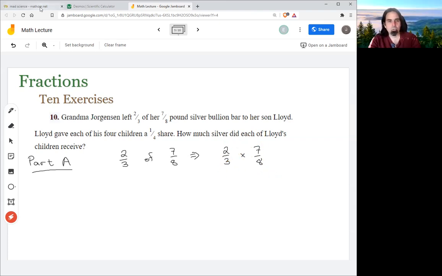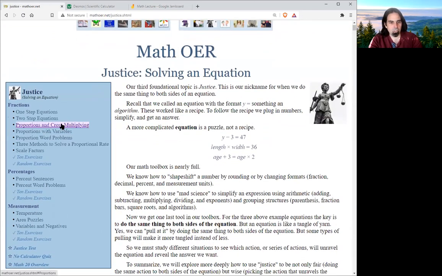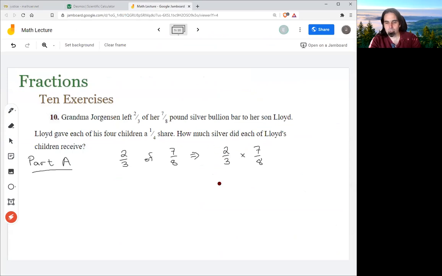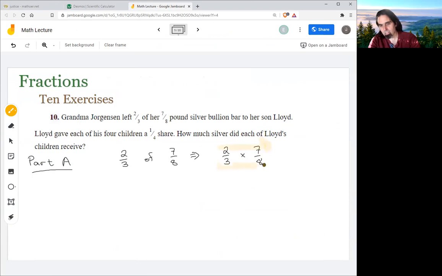When we get to proportions, then we'll have cross multiplying, but unless there's an equal sign in the middle, there's no cross multiplying happening. This one, we just go across the top and bottom separately. So the 2 times 7 is one thing, and the 3 times 8 is one thing.